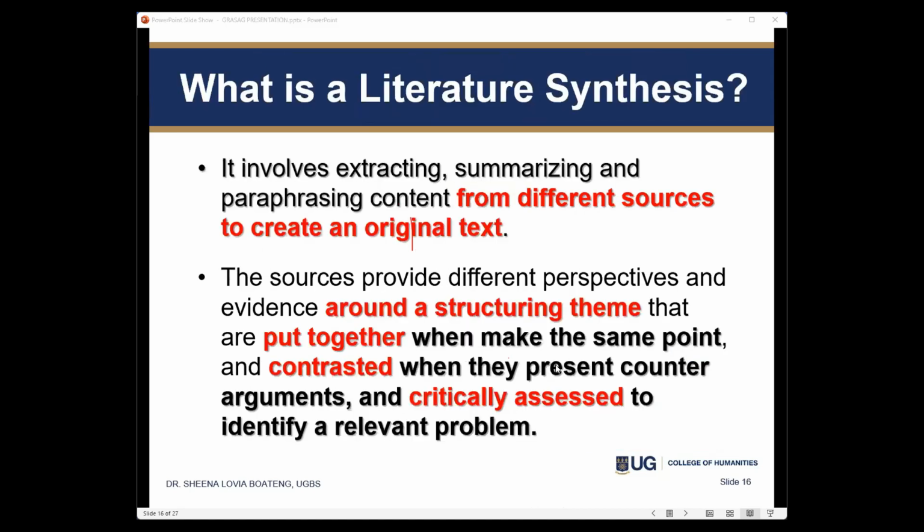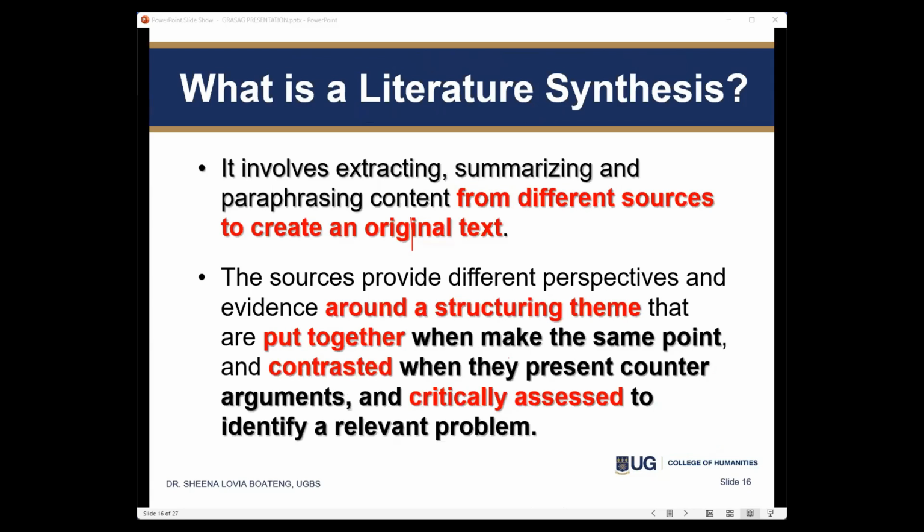Right? So when we talk of literature synthesis, which I said without, you cannot be able to do a good problem statement, you are basically looking at all the different sources that you are identifying in your literature review. And these sources, might I add, must be contemporary, right?